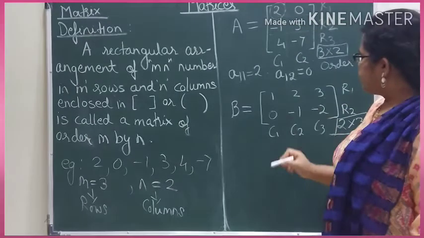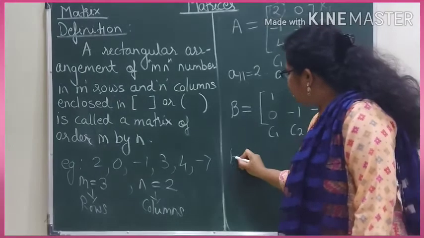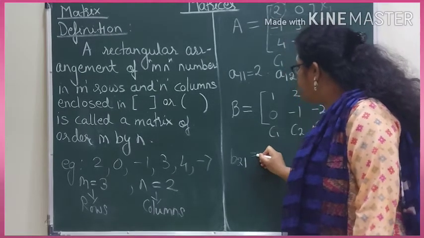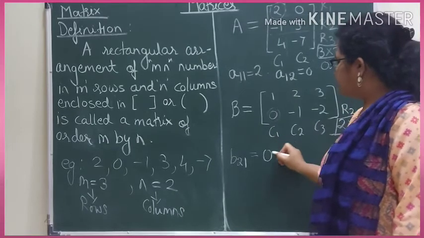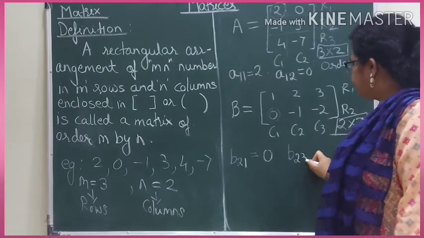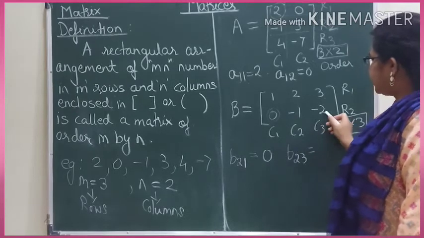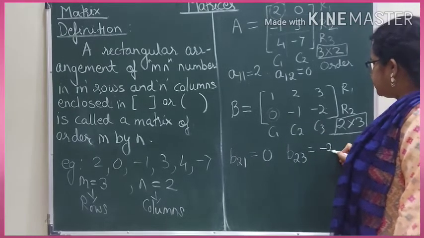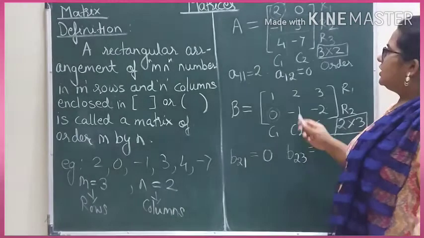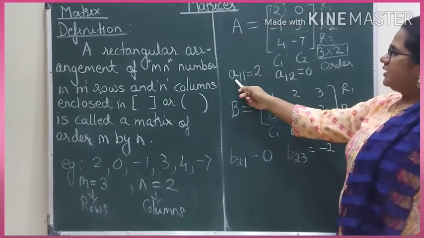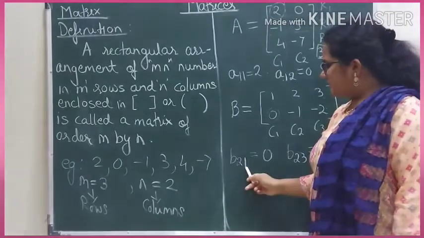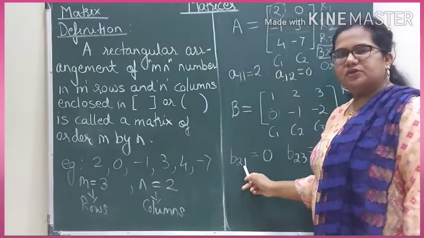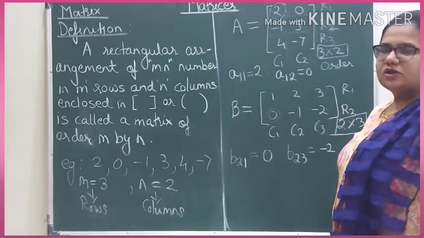Now if you look at this example, I can use letter B. 2, 1. 2 means second row, first column. What is the element? 0. b, 2, 3. 2, 3 means second row, third column. The element is minus 2. So the elements inside are denoted by these small letters, and the suffix, first number denotes the row and the second number denotes the column.